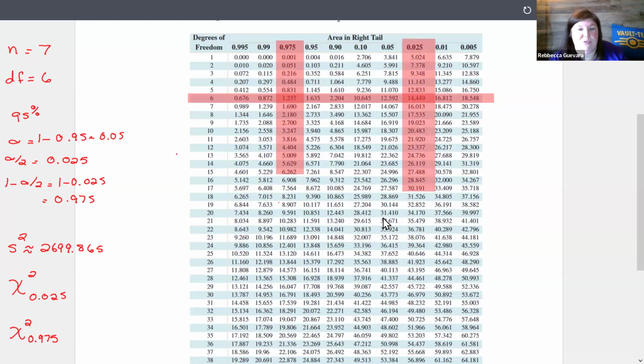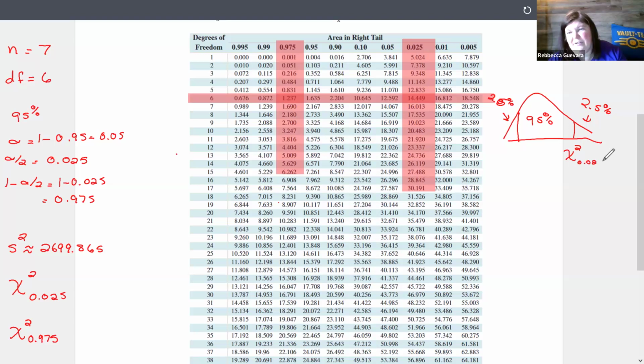This side is 0.025. Because remember what we're doing: take 95% out of the center, that's going to leave me with 2.5% in each area, right? So we just need that area to the right.